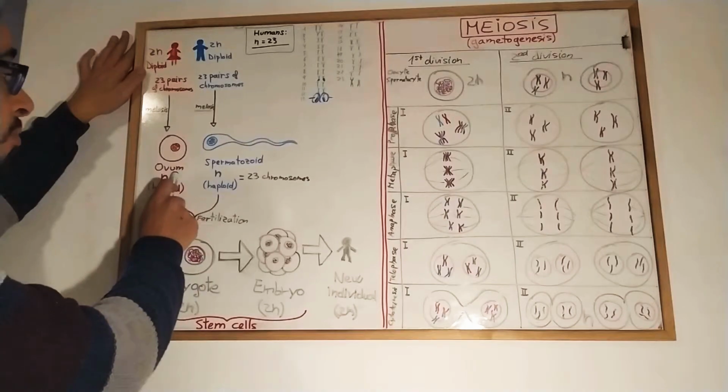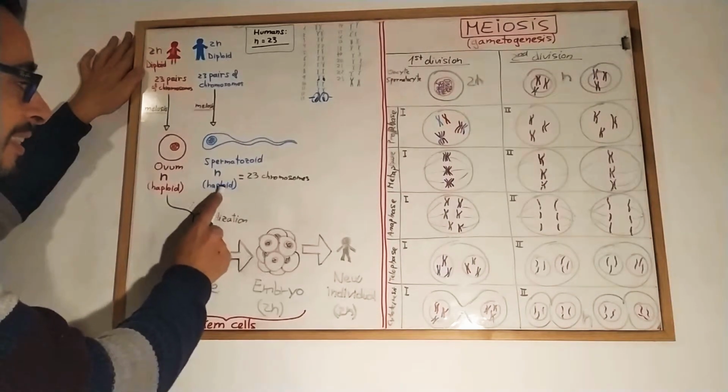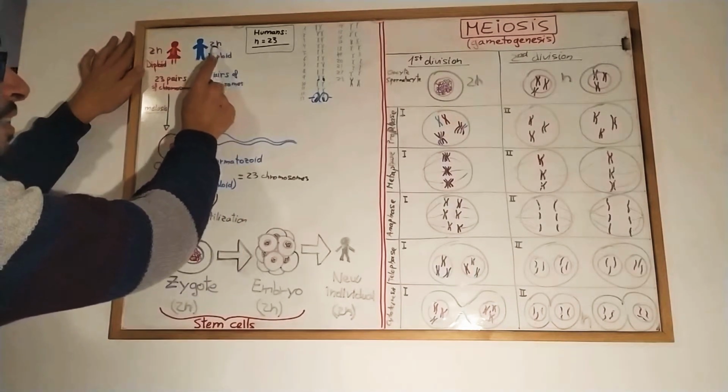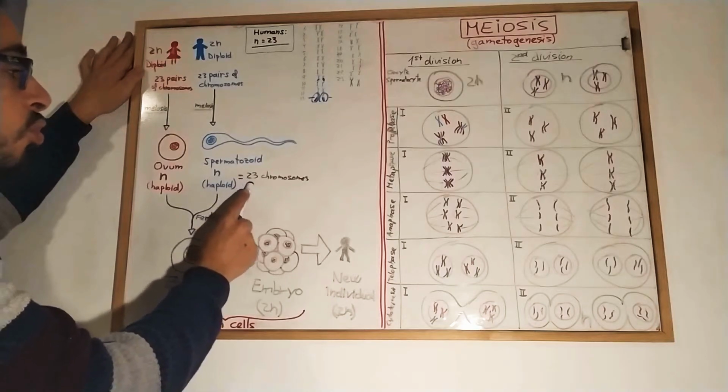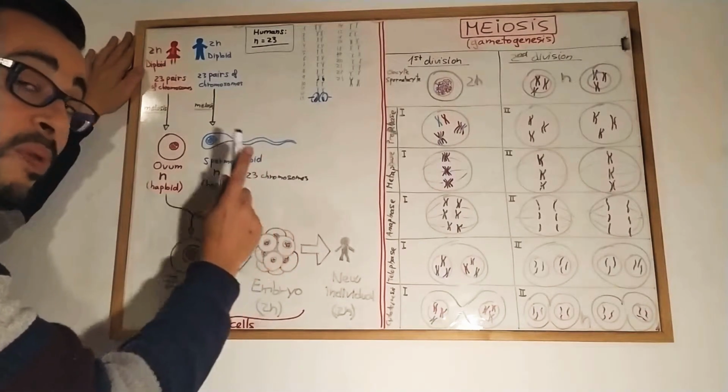So, ova and spermatozoa are going to be haploid cells. They are going to be n, not 2n. So, they are going to have 23 chromosomes, not 23 pairs.